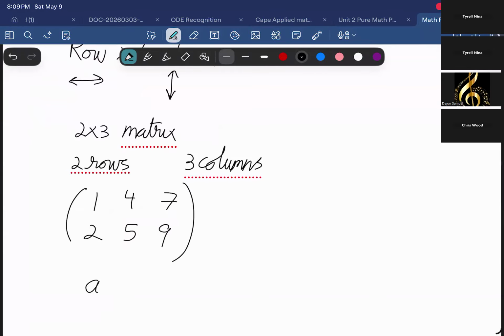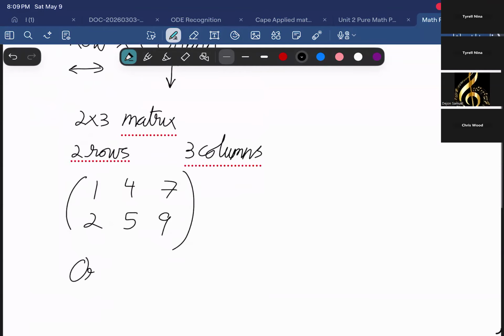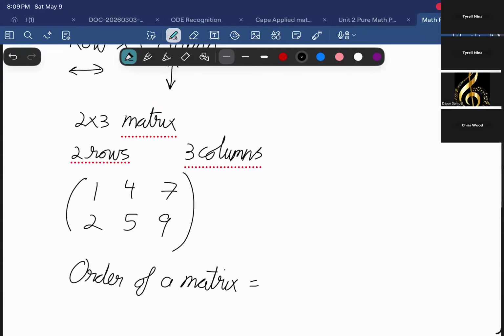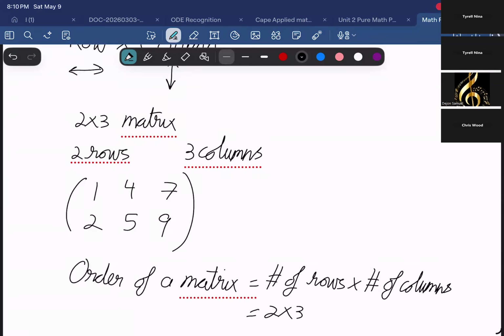So the order of a matrix is number of rows by number of columns. So we'll have like a 2 by 3 matrix. That's the order, right?